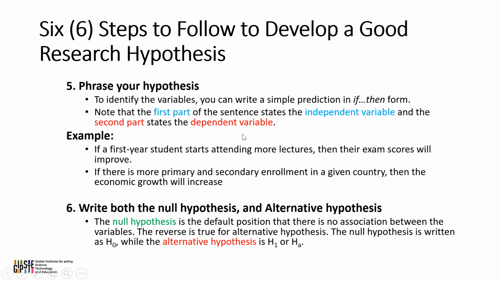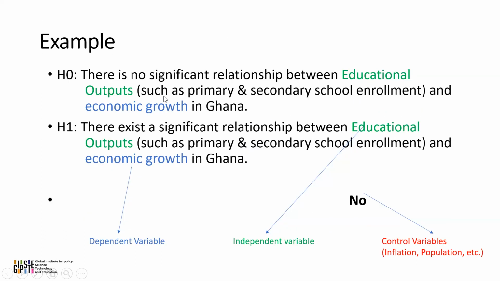So if you come to this particular example, you realize that the first part of the relationship is the educational output, which is the independent variable, and the second part is the economic growth, that is the dependent variable.